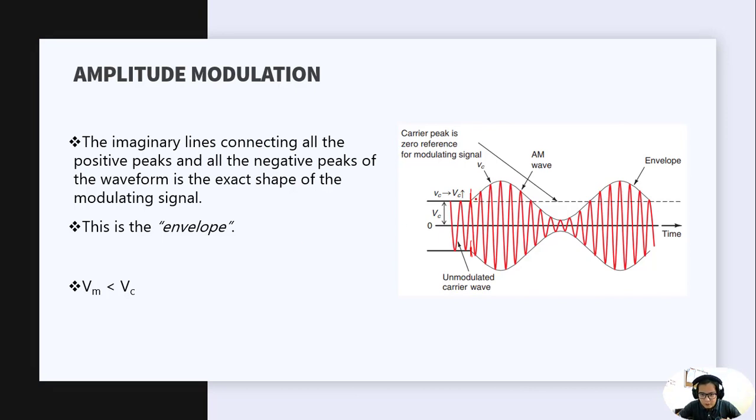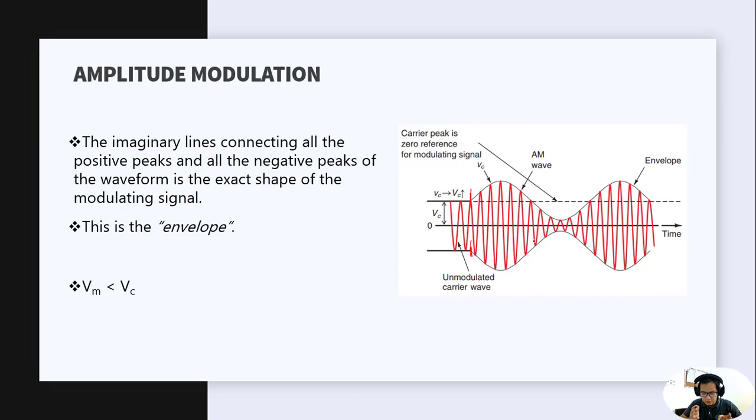Dito sa taas, you will see na trinace natin yung mga positive peaks. And sa baba, mapapansin nyo, meron din tayong imaginary line, trinace natin yung negative peaks. This is what we call the envelope. Para saan yung envelope? Envelope actually is the exact shape of our modulating signal.